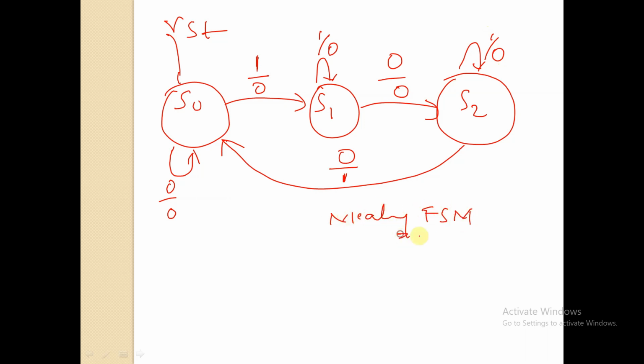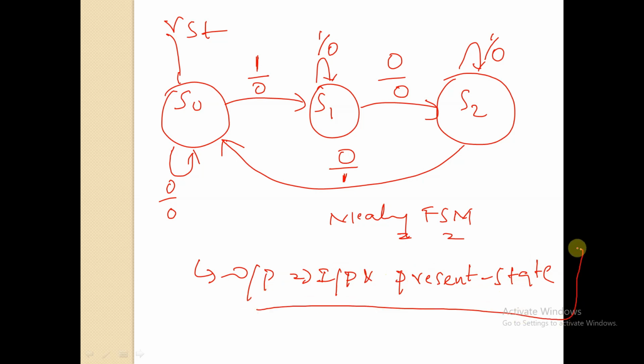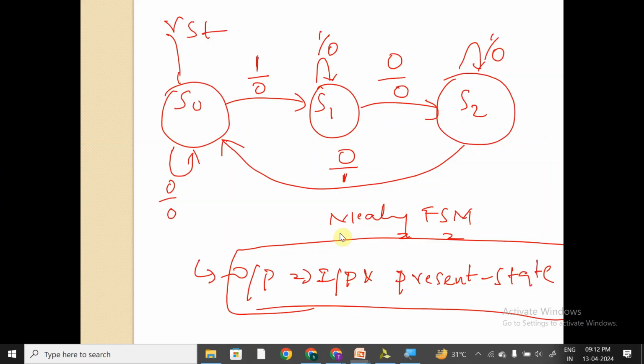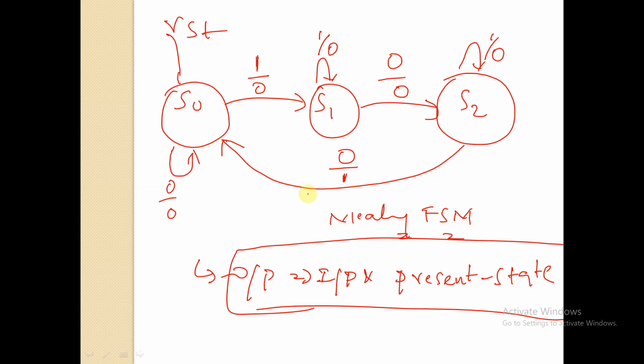In case of Mealy FSM, you can see that the output is dependent upon the input, so output is dependent upon the input and present state. This is clear, right? Am I audible? Yes. So this is how we draw the state diagram for Mealy FSM.